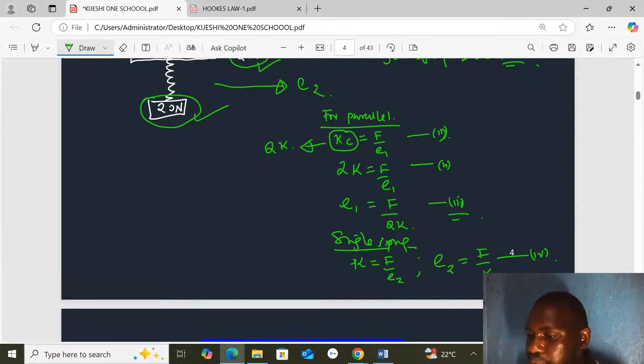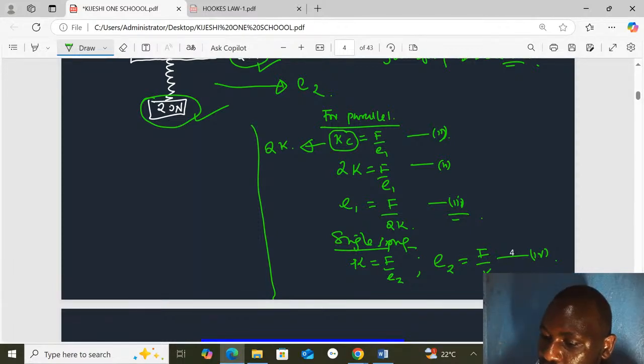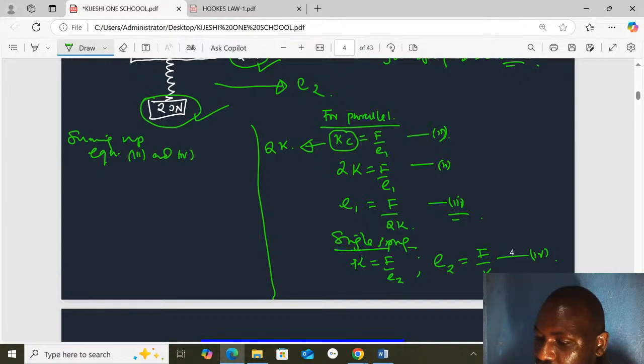Summing up equation 3 and 4, E1 plus E2 will be the same as 20 centimeters, which is equivalent to 0.2 meters.